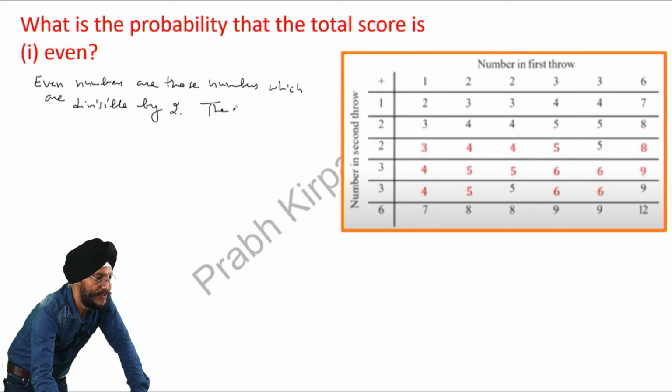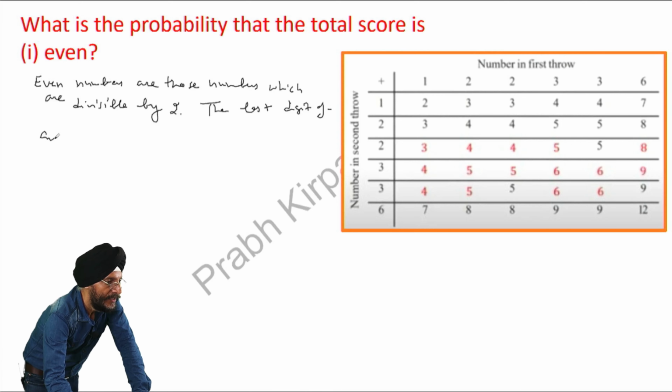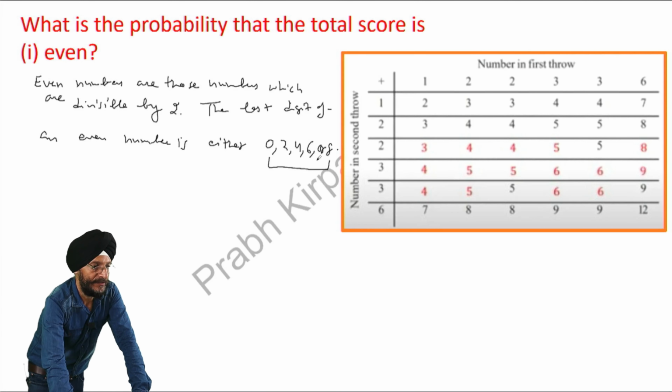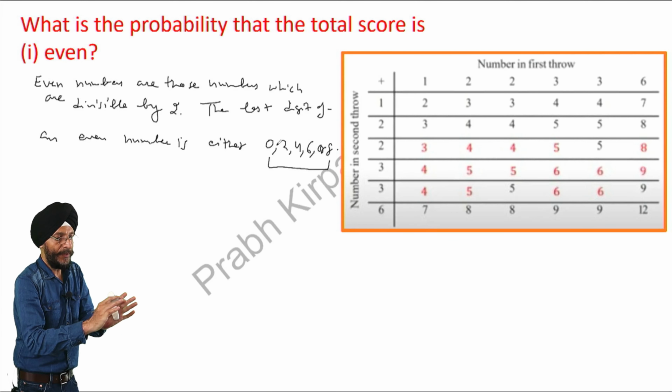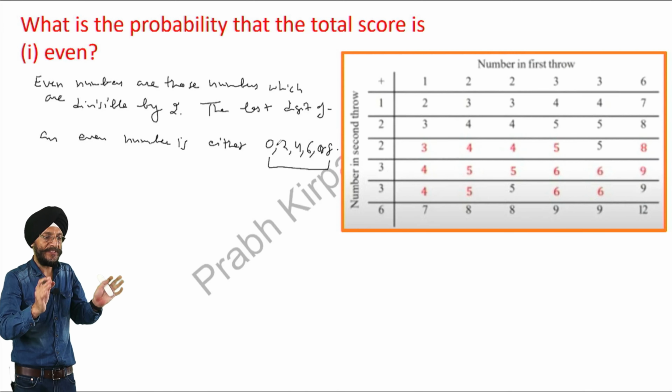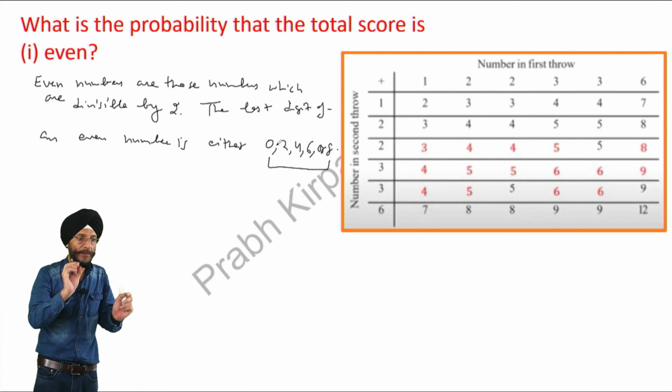The last digit of an even number is either 0, 2, 4, 6 or 8. Last digit of the even number may be any one of these 5. Even numbers are those which are completely divisible by 2.